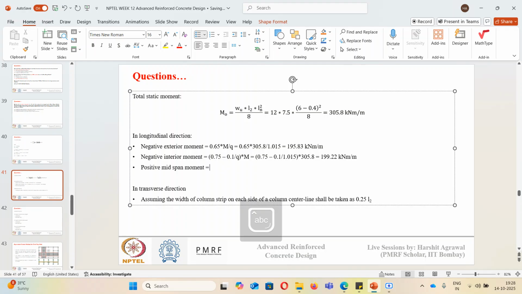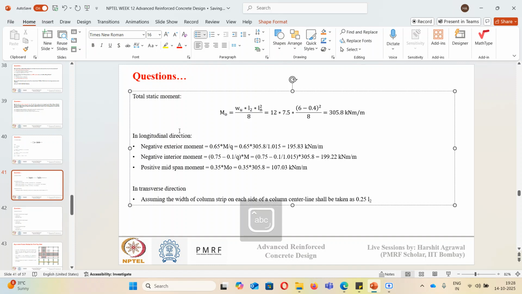And positive midspan moment is 0.35 times M0. So this will be 0.35 into 305.8, which will be equal to 107.03 kilonewton meter per meter.